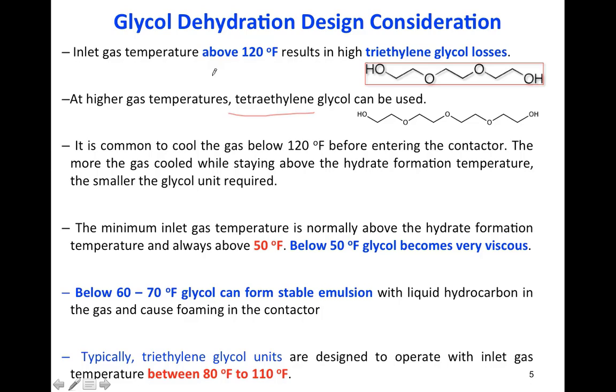Then, okay, if the gas inlet temperature is too high, above 120, we can have a big loss of glycol. However, if you have a high temperature, we can replace triethylene glycol with tetraethylene glycol. Tetraethylene glycol, since it's a bigger molecule, has a higher boiling temperature.